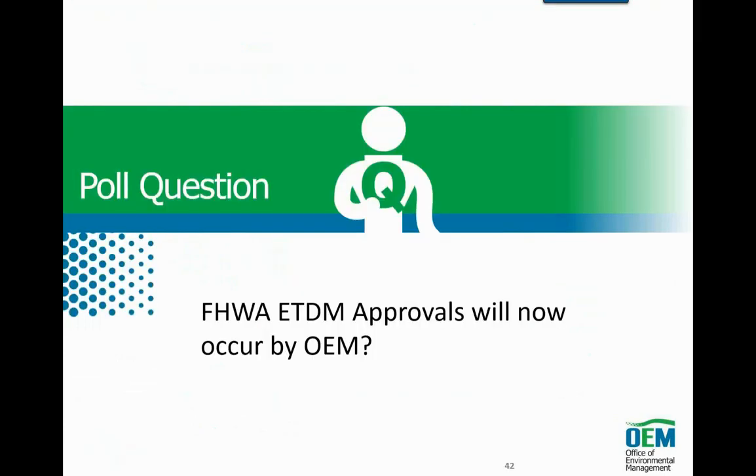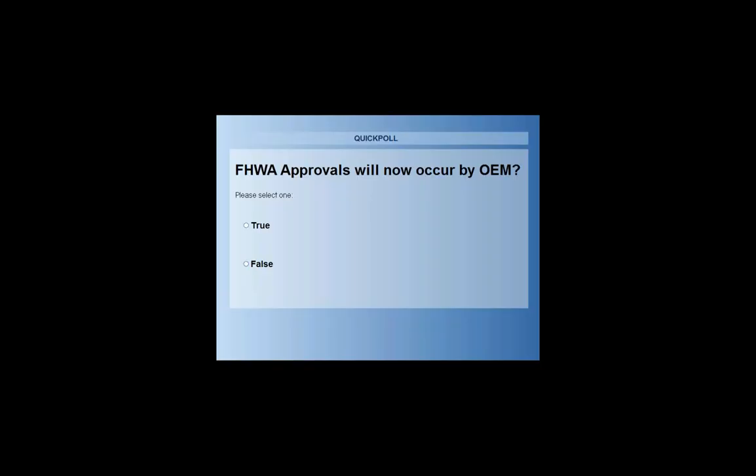Okay. So I think with that, we're going to just quickly do another poll. Ruth, can we turn it over to you real quick? Yep, here's the poll. FHWA approvals will now occur by OEM under the NEPA assignment. True or false?